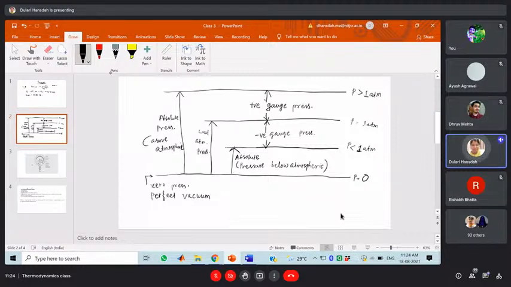Then we have the gauge pressure, positive gauge pressure and negative gauge pressure. These two gauge pressures are considered above the atmospheric pressure and below the atmospheric pressure. From the reference line or perfect vacuum line, we are considering the absolute pressure. One is the absolute pressure below atmospheric pressure, another one is the absolute pressure above atmospheric pressure.